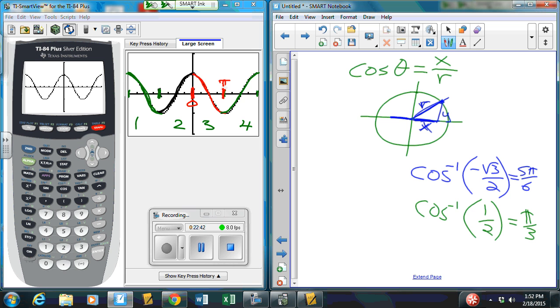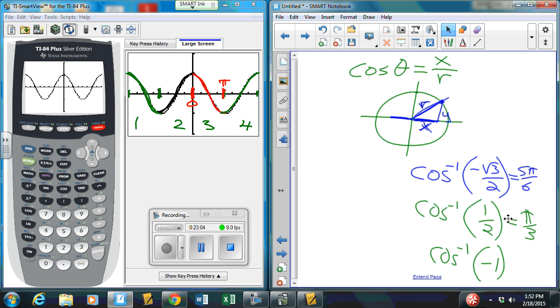Okay, next one. Cosine inverse of negative 1. When you got the answer to this one, raise your hand. Thomas, what do you got? Pi, because at pi, the x value is negative 1. Okay, I got the next one.